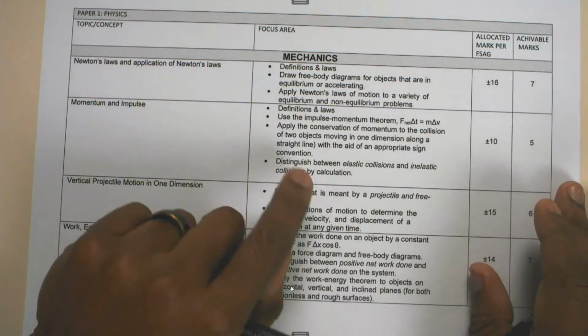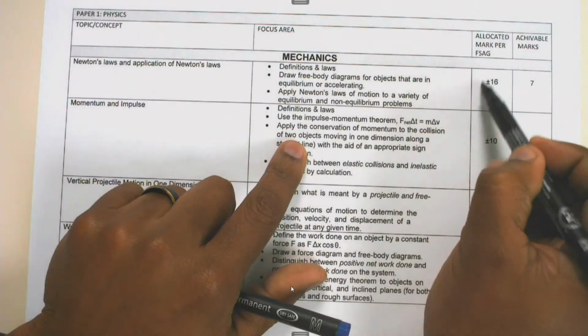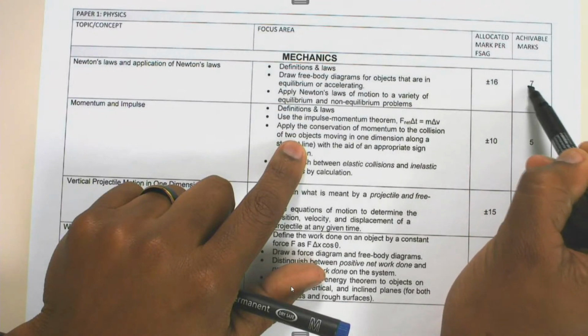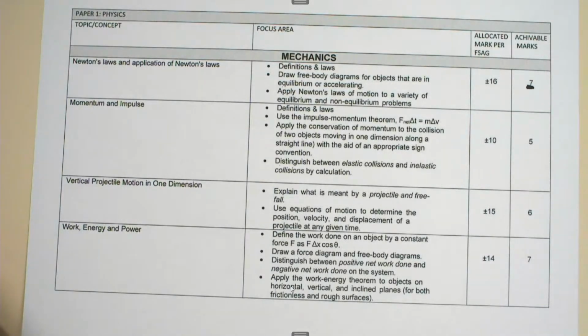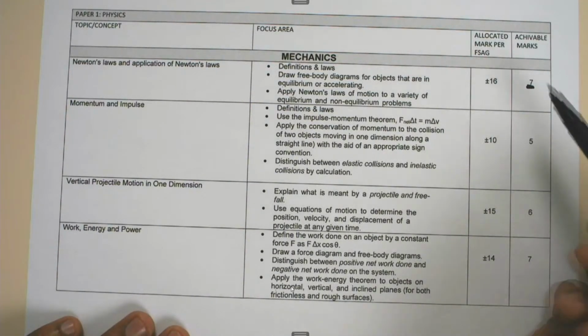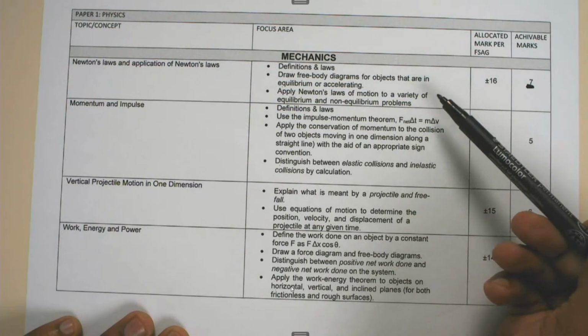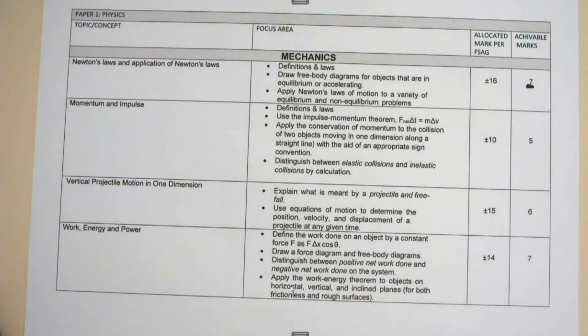So this is why we say it will be plus minus 16 marks in an exam, but our achievable mark should be around 7. So no matter what type of question I am faced with, the amount of marks that I can get here should be 7.